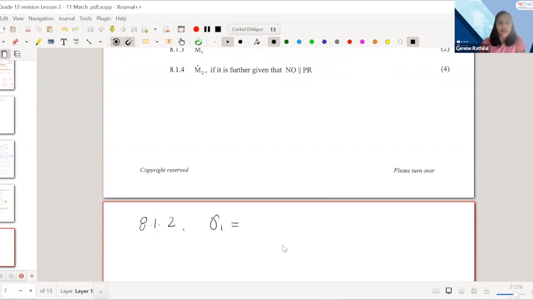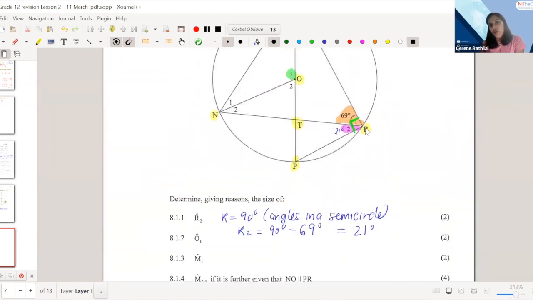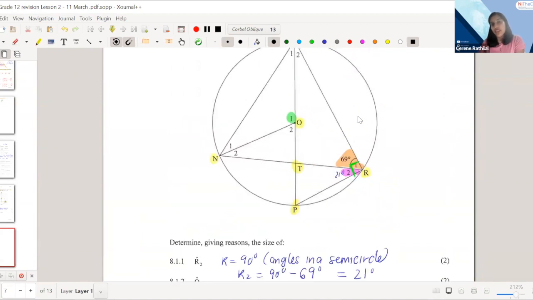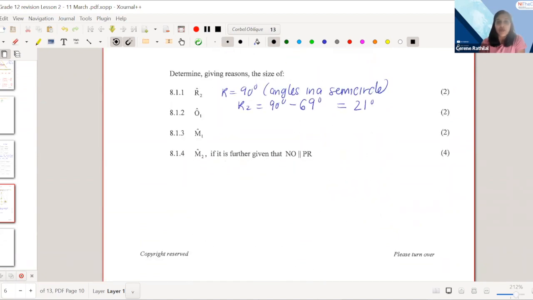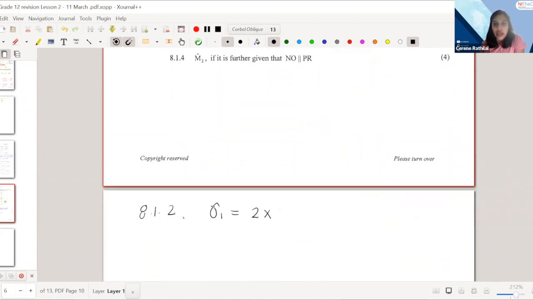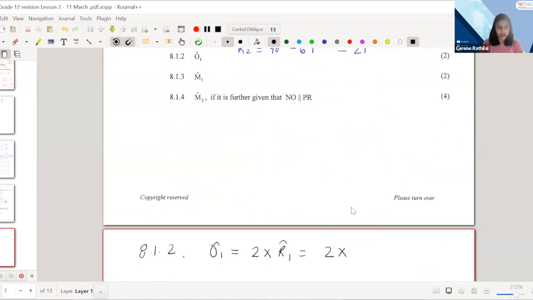And we see that angle O1 is simply 2 times R1, because we see that R1 is also being subtended by MN. So MN generates the angle at the center, and MN also generates the angle R1. So therefore, the angle at the center will be double the angle at R1, which is 2 times R1, which was 69 degrees.